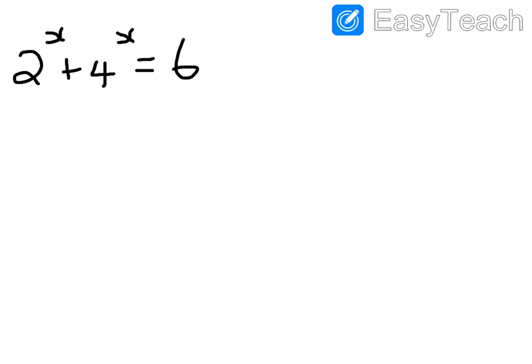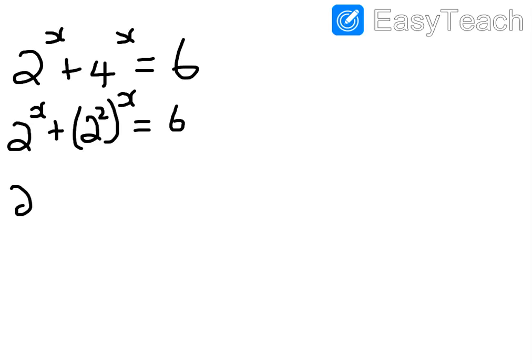For this one, we have 4 equals 2 squared, so 4 to the power of x is 2 squared to the power of x. And we have 2 to the power x plus 2 to the power x all squared, minus 6 equals 0.